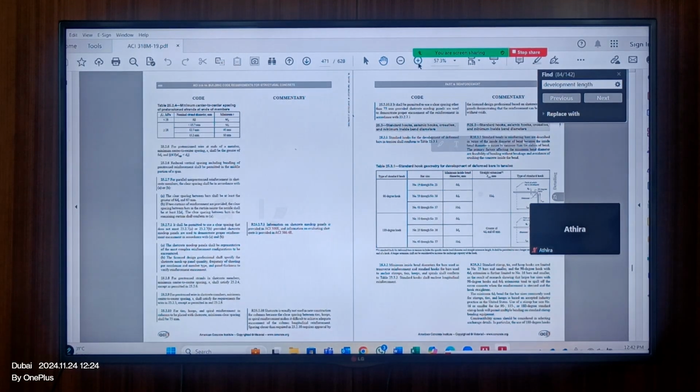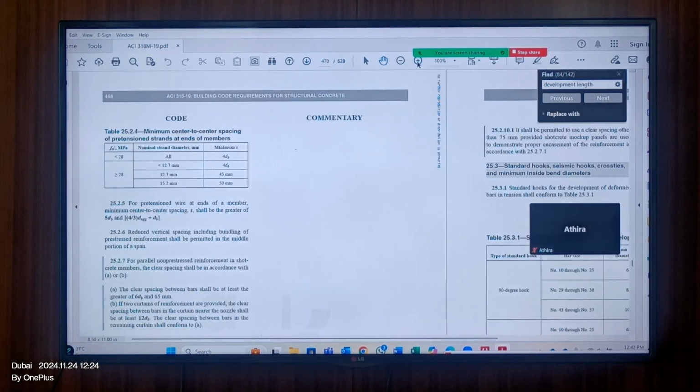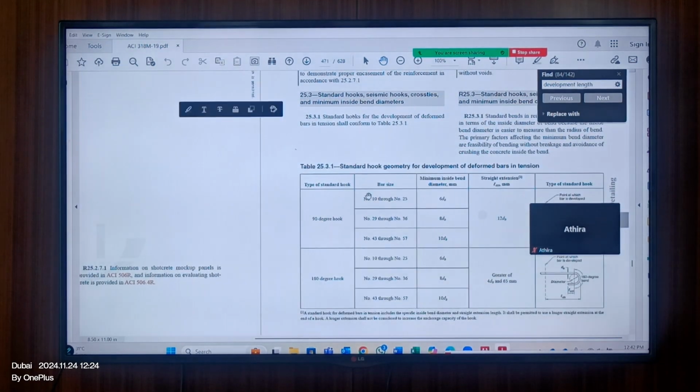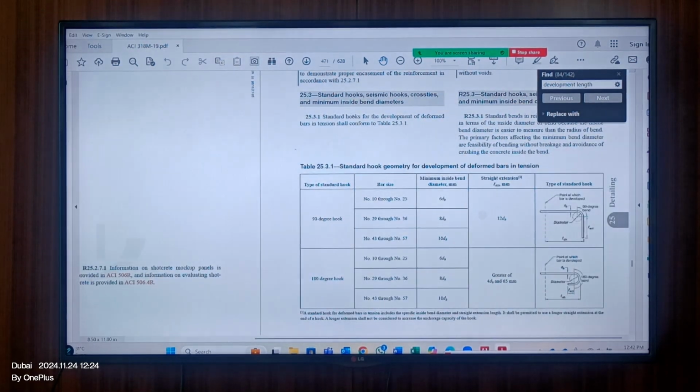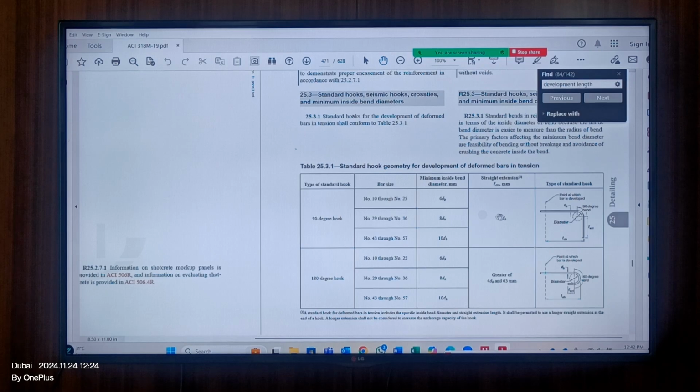Here, most open. Can you see it? The straight extension l_ext is 12 times d_b. You get your point, right? 12 times d_b, 12 times the diameter of the rebar.